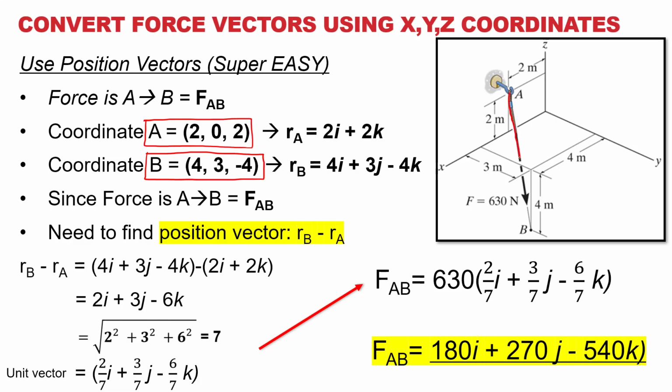The force is from A to B, and the force value is 630 Newton. You want to plot force A to B, which is FAB.